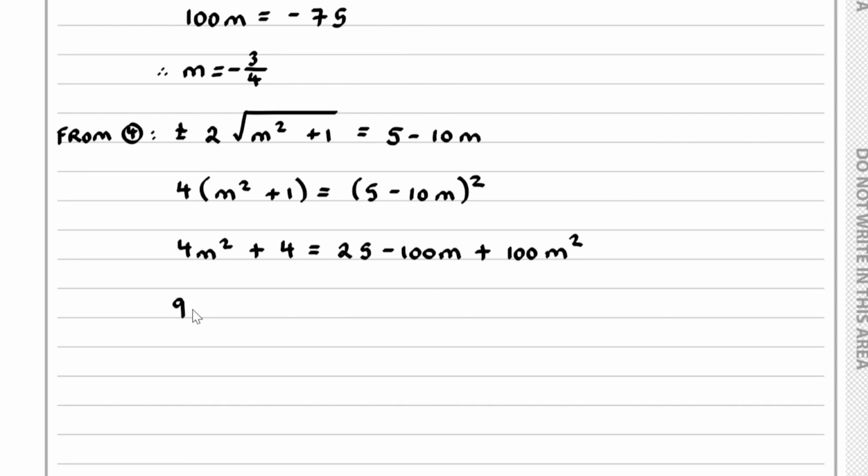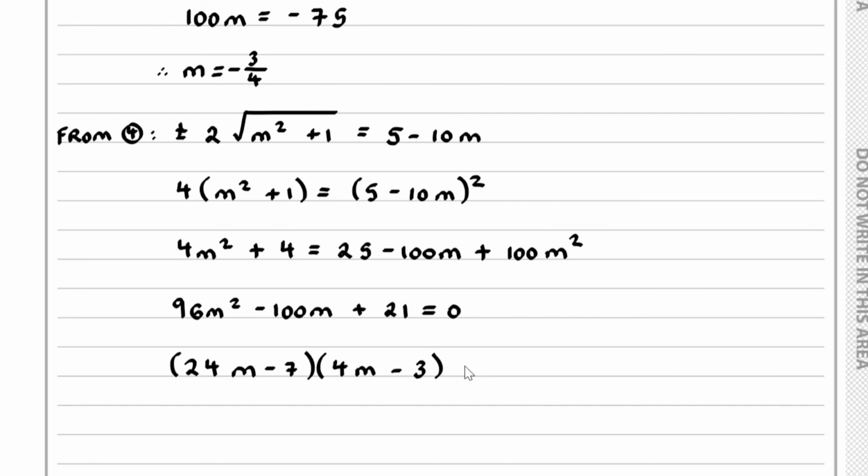So we've got 96m squared minus 100m plus 21 equals 0. So 24m minus 7 multiplied by 4m minus 3 equals 0.